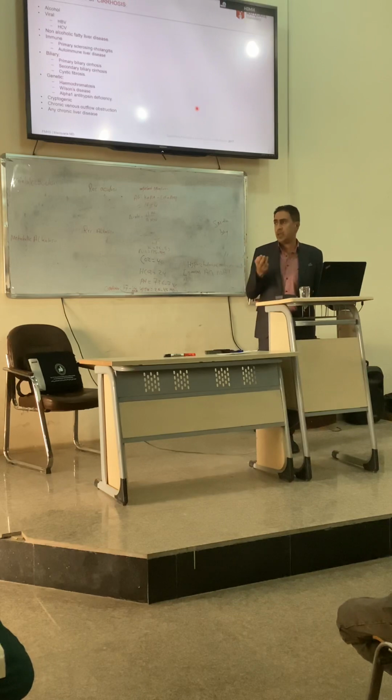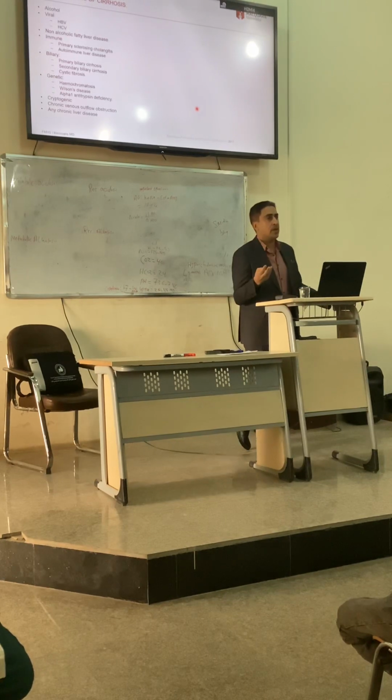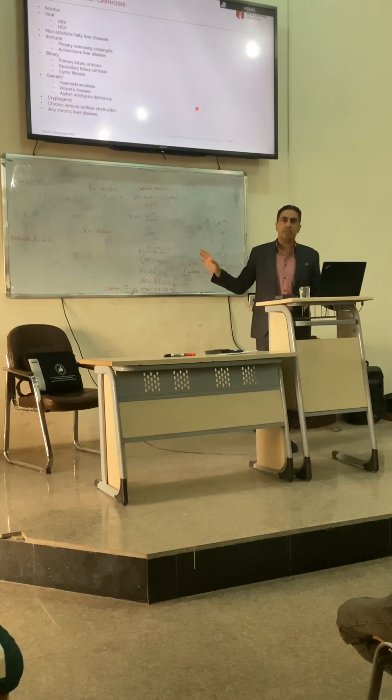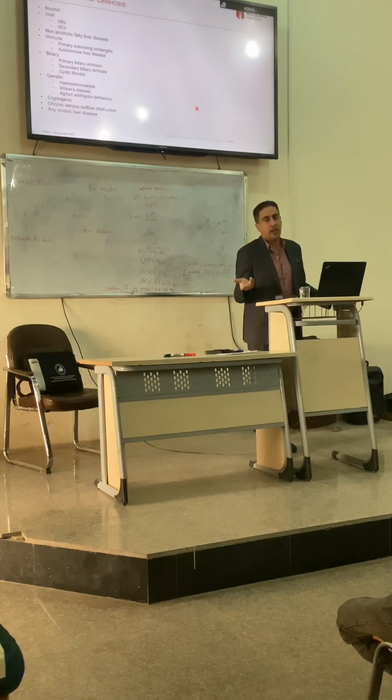The first stage of fatty liver disease is steatosis, and then it will cause inflammation, steatohepatitis, and then lead to chronic inflammation, lead to chronic fibrosis, and then it will lead to cirrhosis. And we have many patients living with liver fibrosis and steatosis, and they don't know because they don't check.